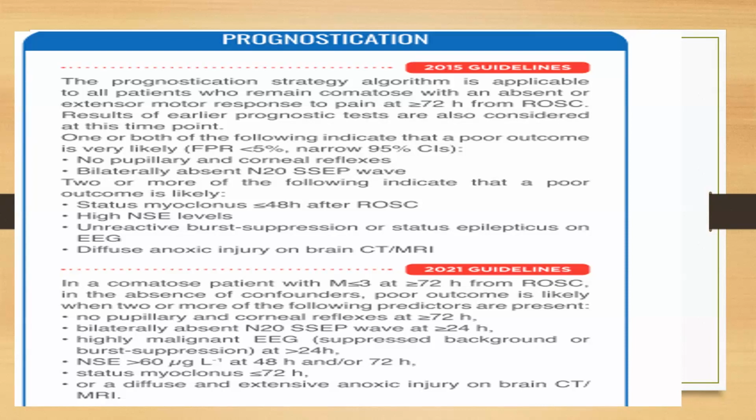If two or more of the following factors are present, then poor outcome is likely. Those factors were status myoclonus less than 48 hours after ROSC, high neuron-specific enolase level, unreactive burst suppression or status epilepticus on EEG, and diffuse anoxic injury on brain CT or MRI.